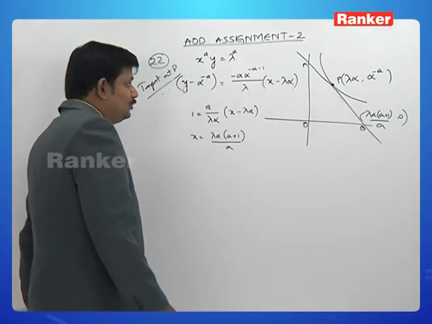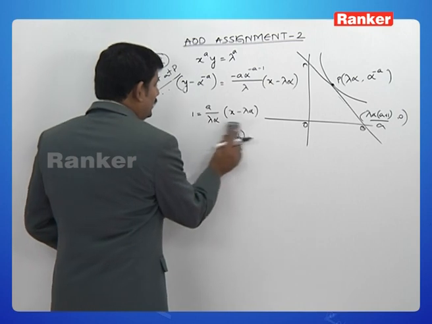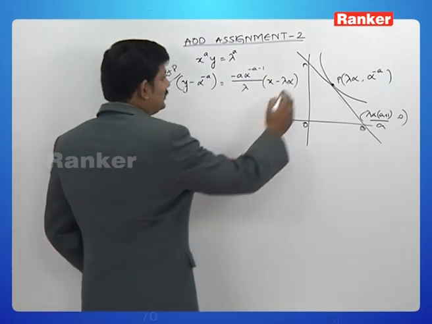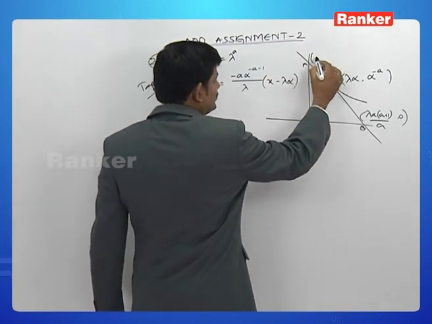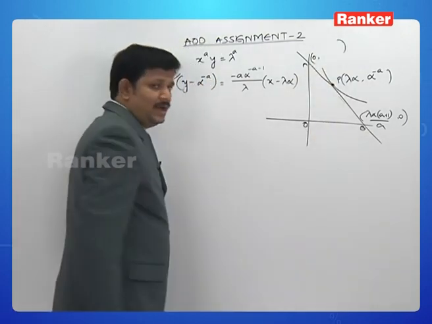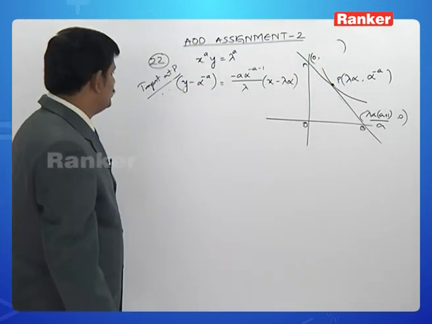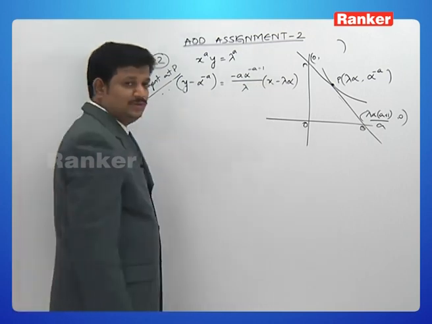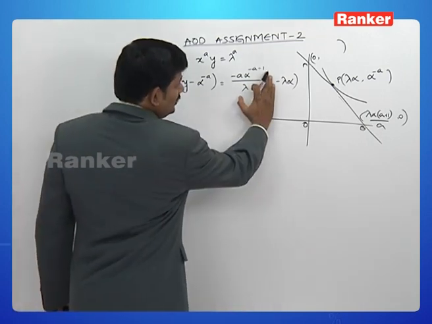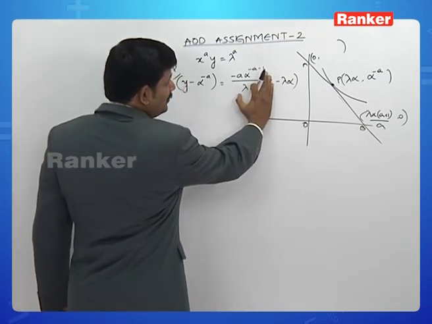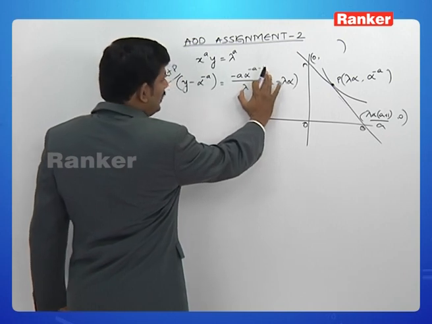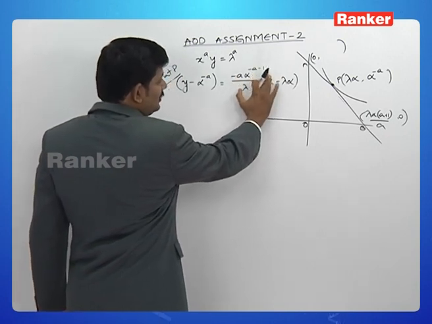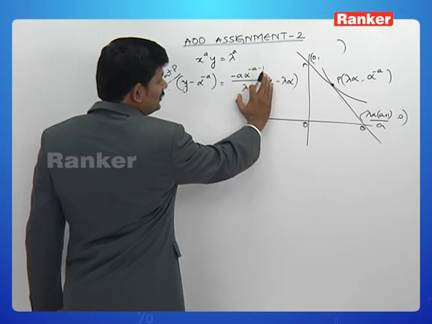Similarly, to find point A, where the tangent cuts the y axis, the x coordinate is 0. So let me put x equal to 0. Once this quantity is 0, λ and λ get cancelled, minus sign into minus sign makes it plus, and α and α^(-1) get cancelled.